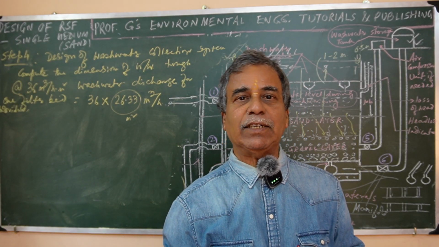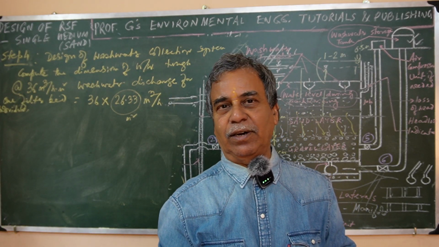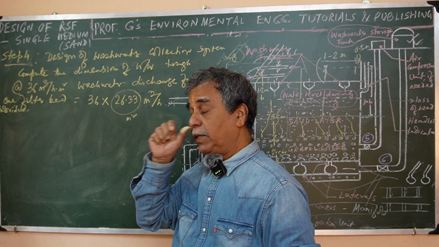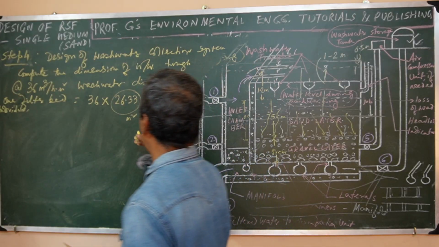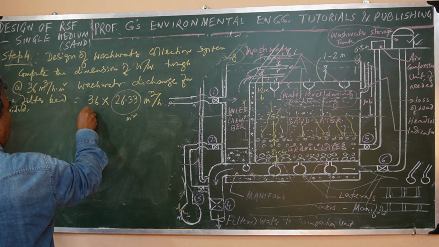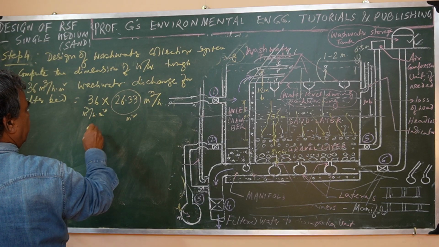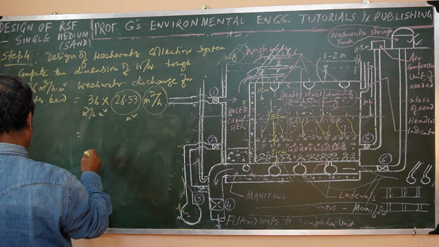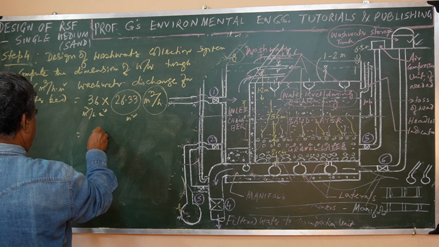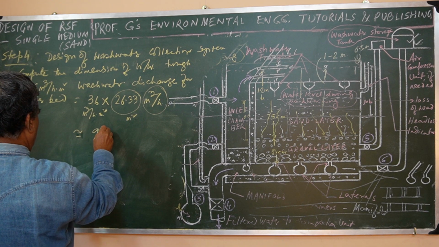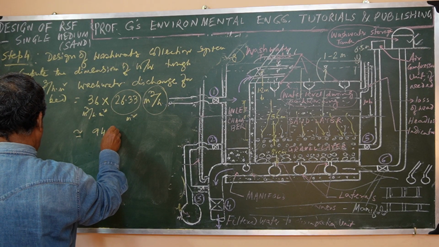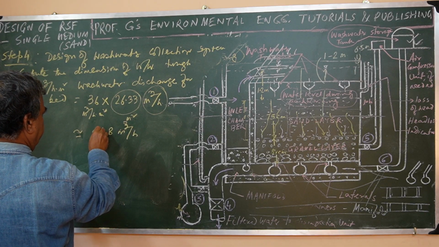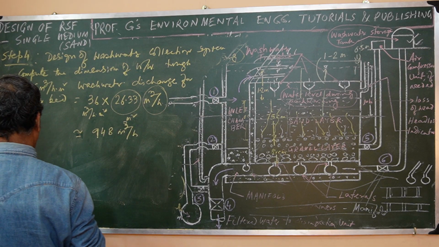That came from the calculations at the beginning, the plan area that we have already calculated. So this is the meter square and this is the meter cube per hour per meter square, right? So ultimately this will be the unit if you multiply this. So this will be about 948 meter cube per hour, okay, meter cube per hour.